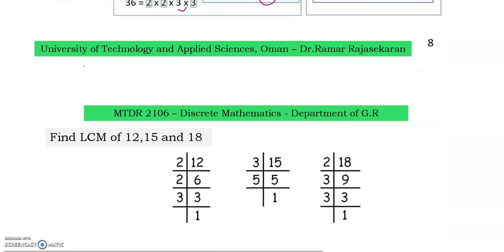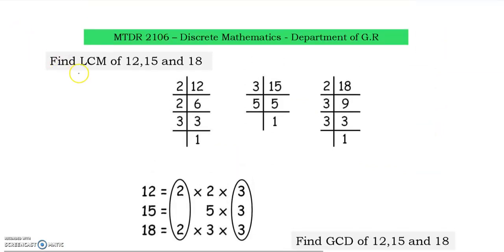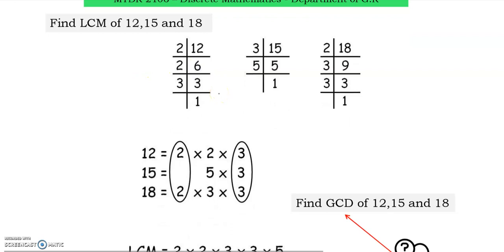Now you see here, suppose I have three numbers. Find the LCM of 12, 15 and 18. How to find it? Similarly, you write the prime factors of 12, prime factors of 15, prime factors of 18. Like this. Then you mark the common factors.